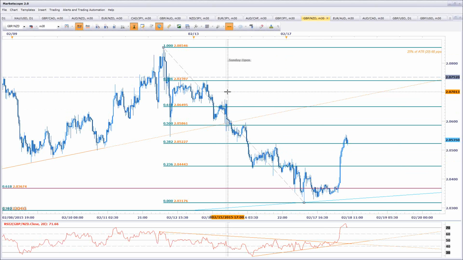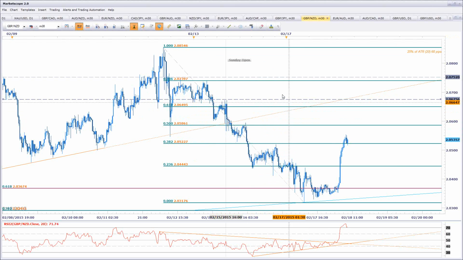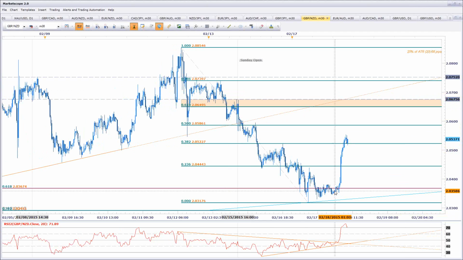Don't want to ignore that. Comes just above that 618. So it's a little bit of a range of resistance here, guys. But remember, a quarter of the daily ATR on this pair is still about 70 pips. So if our support ranges and resistance ranges are a little bit bigger, that makes sense with the current volatility that we're seeing here.